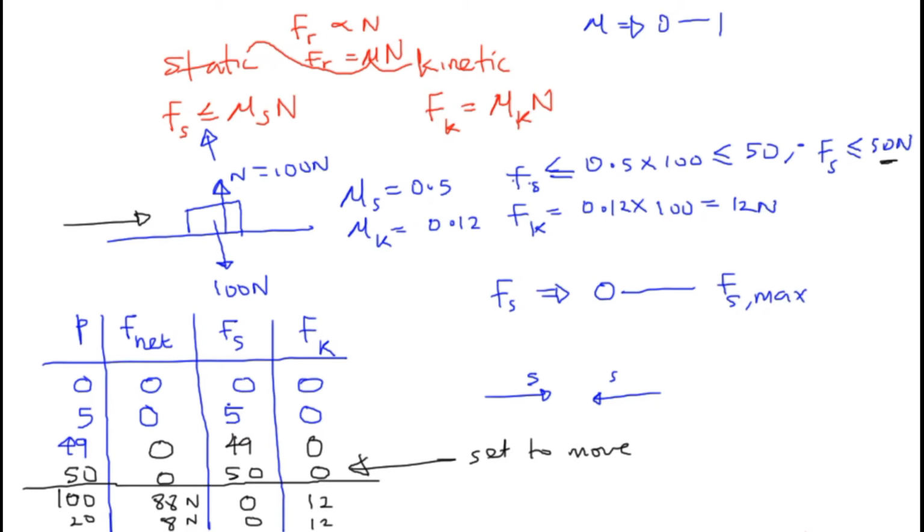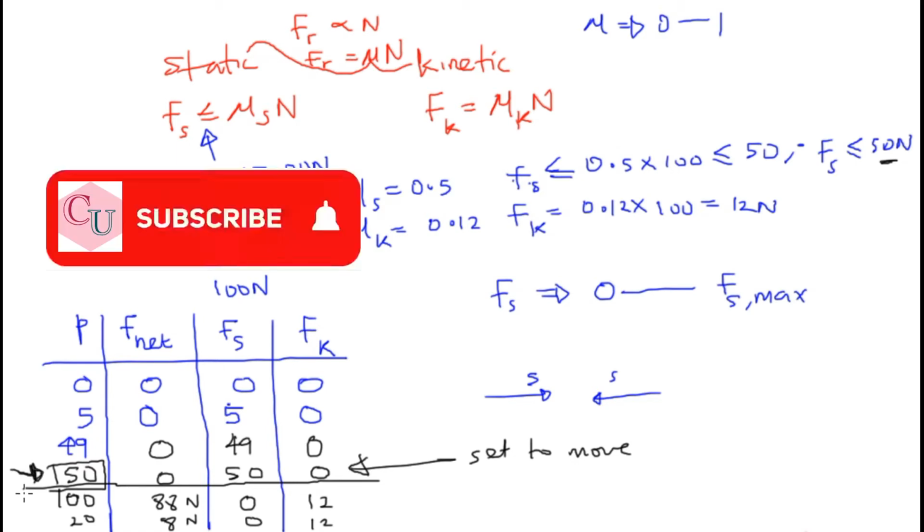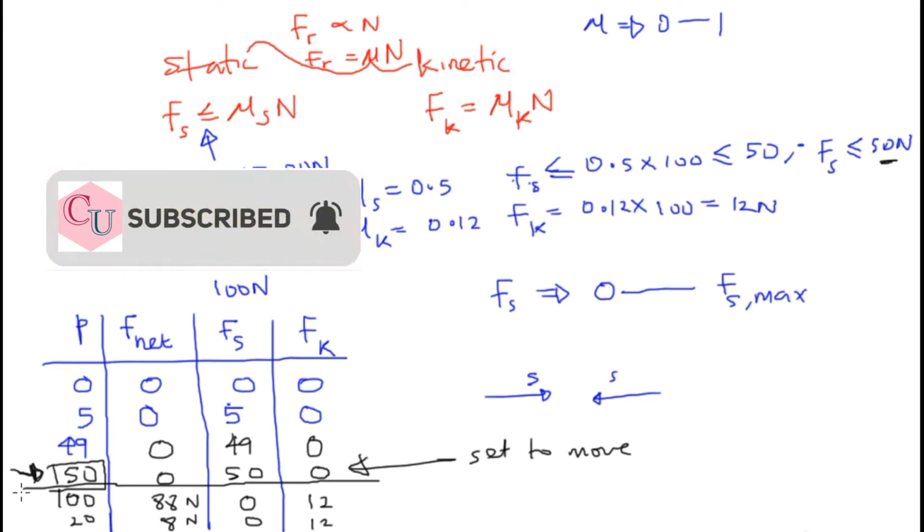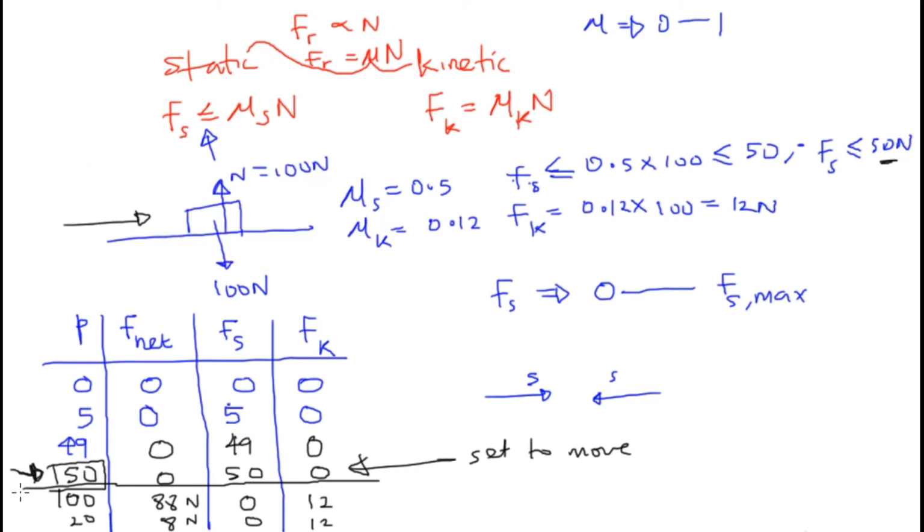For the object to move, you just need to apply forces greater than the kinetic frictional force. So the 50 Newton force is the maximum amount of the static frictional force, after which any force applied more than the kinetic frictional force, the object will begin to move in the direction of the force.